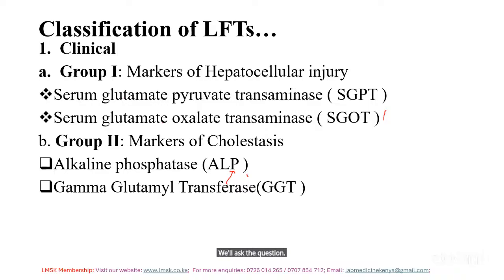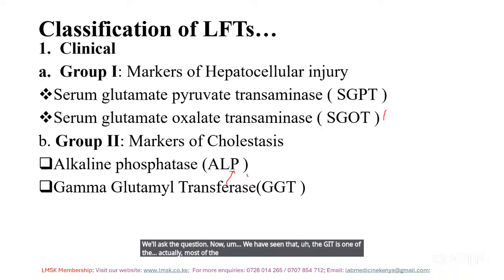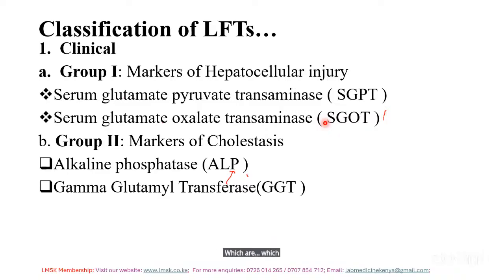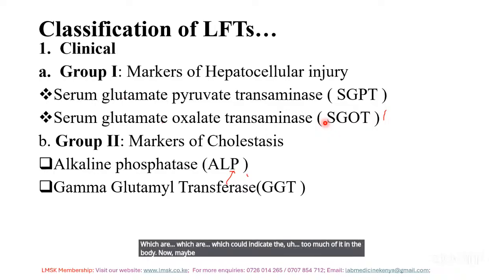Calvin's. Yes. Now, we have seen that most of the bilirubin that is broken down in the liver is excreted through the GIT. So the yellowish deposits might just be bilirubin deposits, which could indicate too much of it in the body. But that's also the normal excretion pathway for the bilirubin.